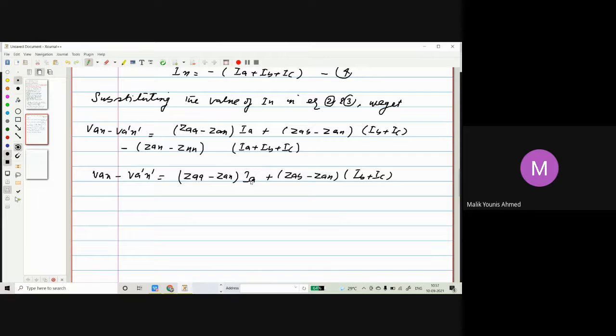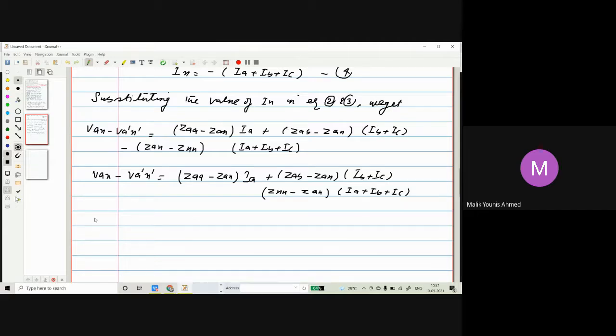Then finally, we'll take ZNN outside, so that will become ZNN first into minus ZAN, that will be IA plus IB plus IC. So this is very clear.